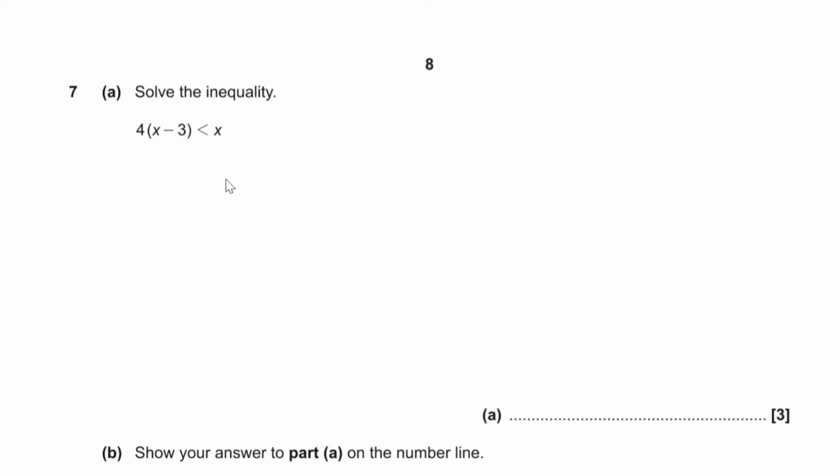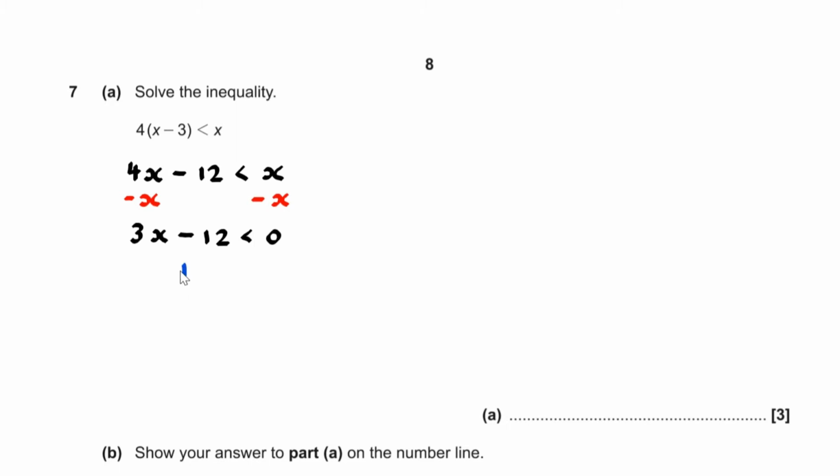Question number 7, for part A, we have to solve the inequality. 4 multiplied by x subtract 3 is less than x. Well, if we expand the brackets, we would have 4x subtract 12 being less than x. If we subtract x from both sides, then we would have 3x subtract 12 is less than 0.